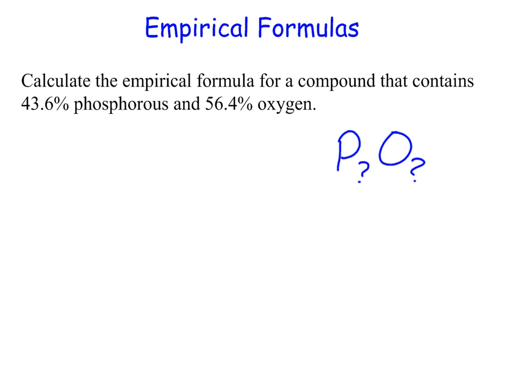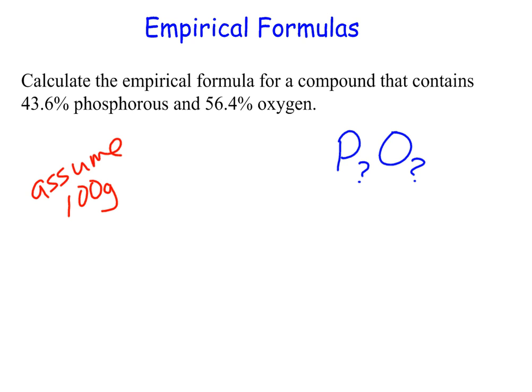So what we want to do is take these percentages and somehow get to the mass of each element. The way we're going to do that is we're going to assume that we have 100 grams of this compound.